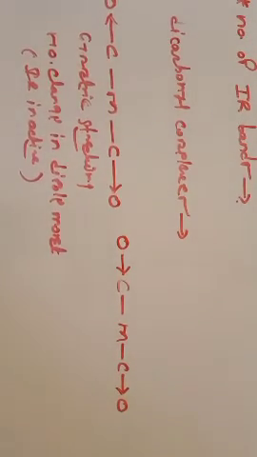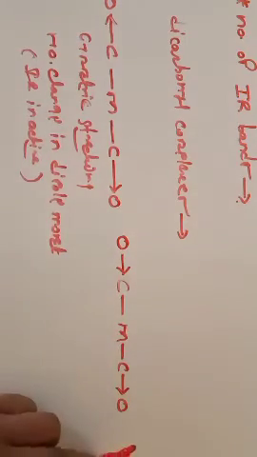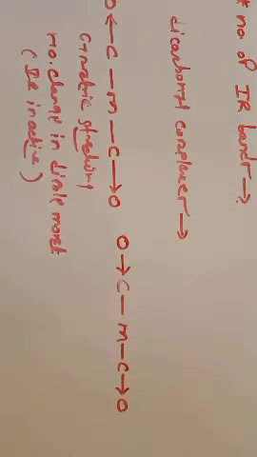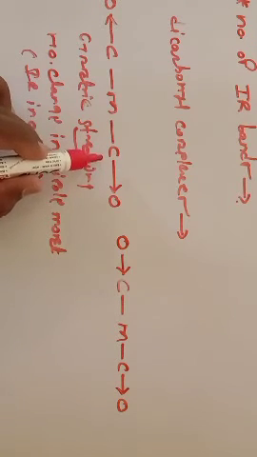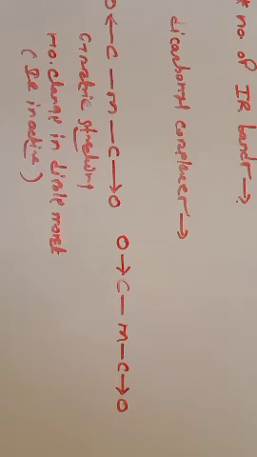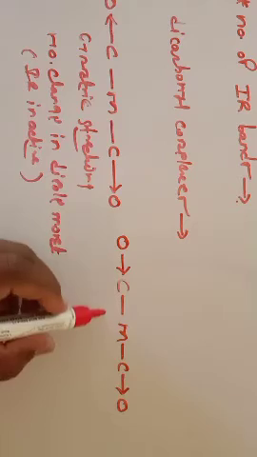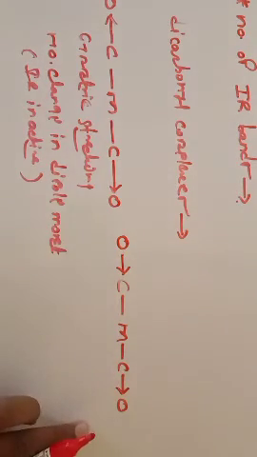We consider this an antisymmetric stretch: this bond is stretched in this direction, and this bond is also stretched in this direction. Therefore this is called antisymmetric stretching. In the symmetric case, both bonds get stretched in a symmetric manner, but in the antisymmetric case the direction is the same, whatever the stretching occurs in the same direction.